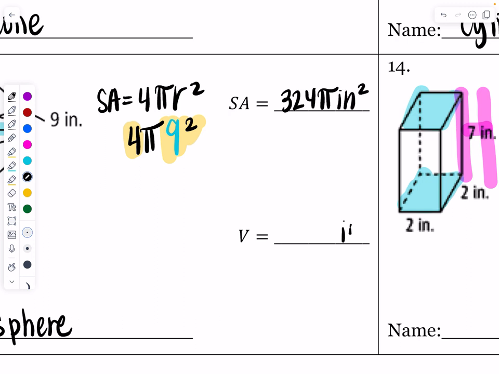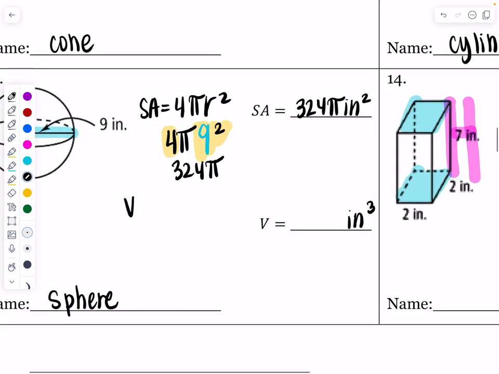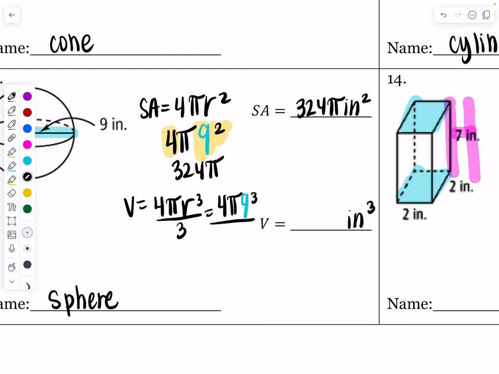That's for surface area. Volume, of course, is going to be inches cubed. Okay, so when we go to find my volume, 4 pi r cubed over 3, we literally just plug in our radius. 4 pi 9 cubed over 3. So you type in 4 times 9 cubed, 9 raised to the 3rd power.